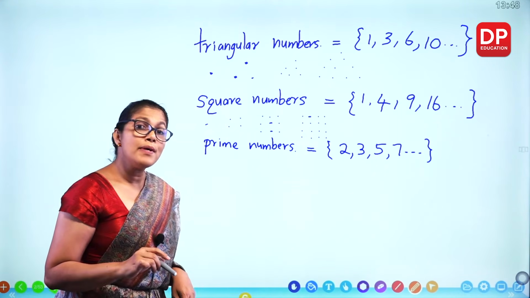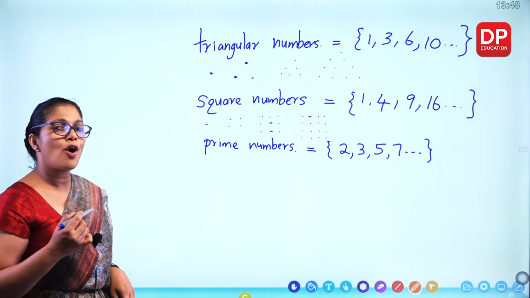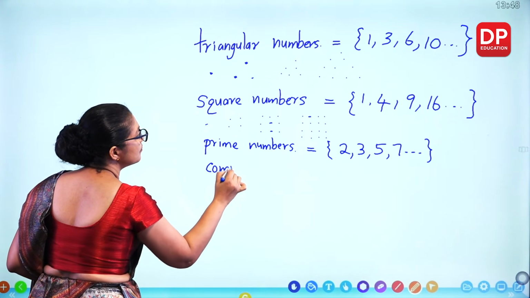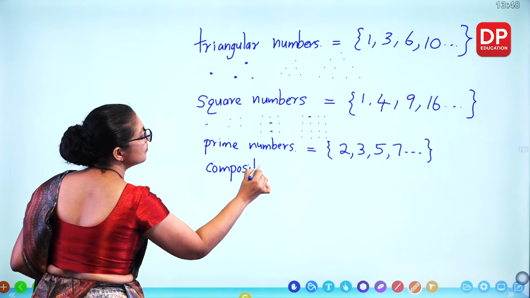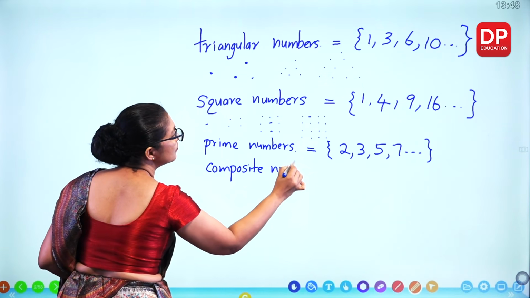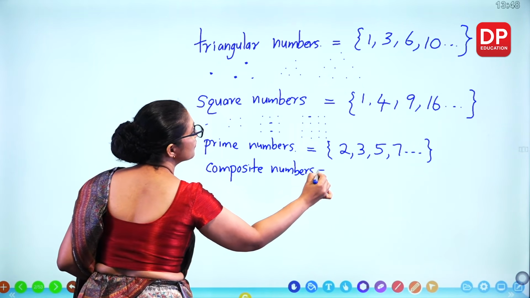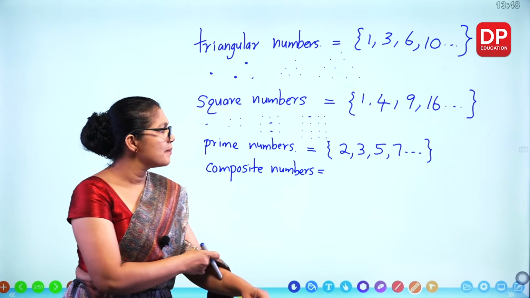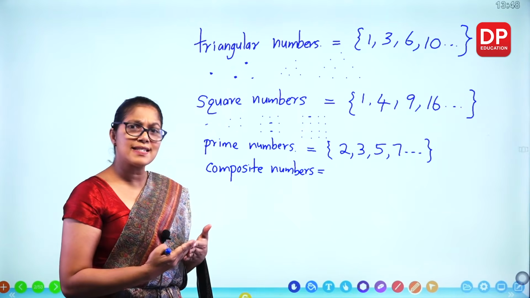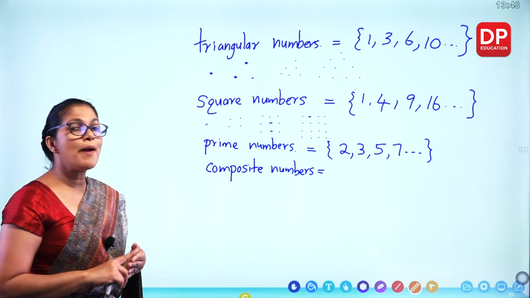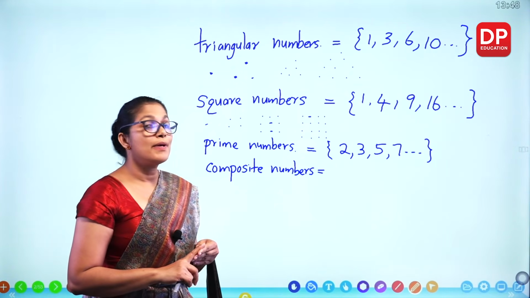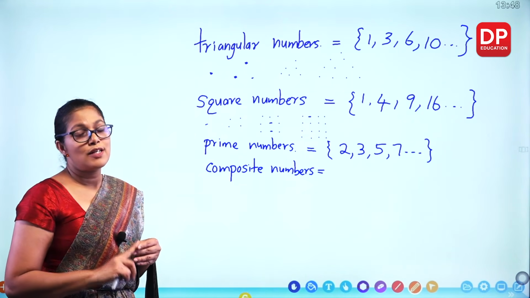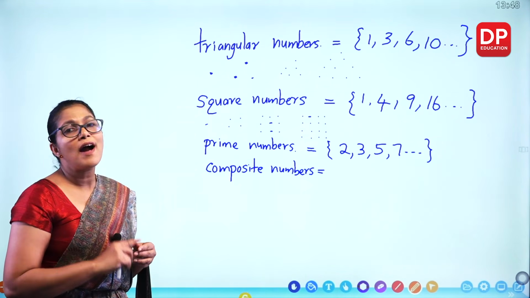Then the numbers which are not prime, what do you call those? Composite numbers. So what are the other numbers which are not prime? 4, 6 like that. But you need to remember composite numbers have at least 2 factors. When you take 1, only 1 factor is there.